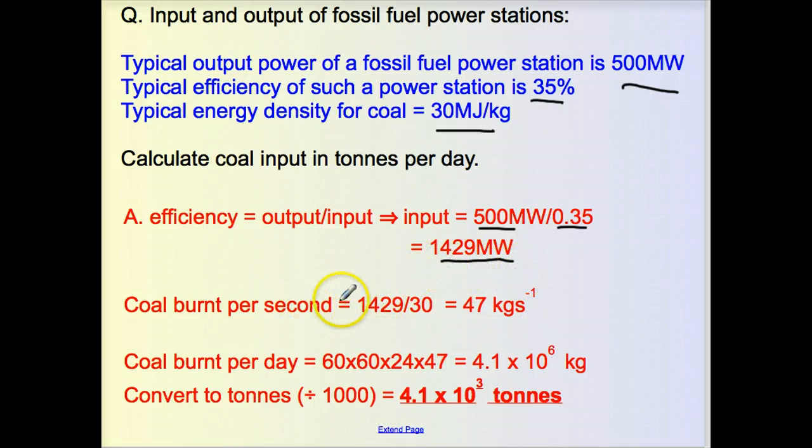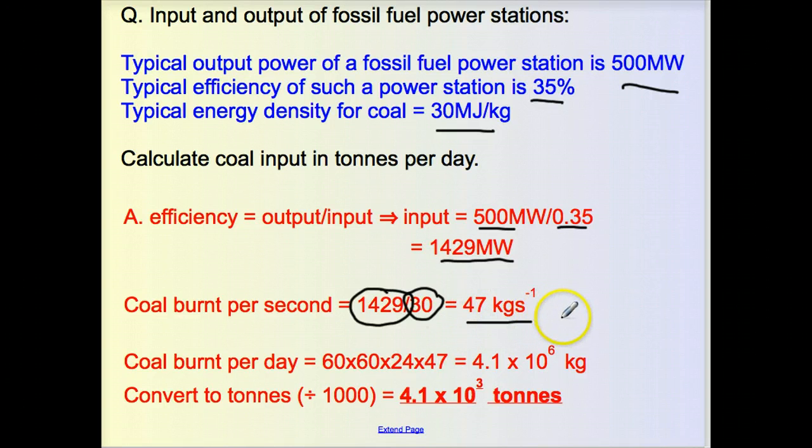So in terms of how much coal is burnt per second, we know that the coal's energy density is 30 megajoules per kilogram. And we know the power is 1,429 megawatts, so we can just cancel the megas out, if you like. So we're dividing 1429 by 30, and we get 47 kilograms per second of coal being burnt.